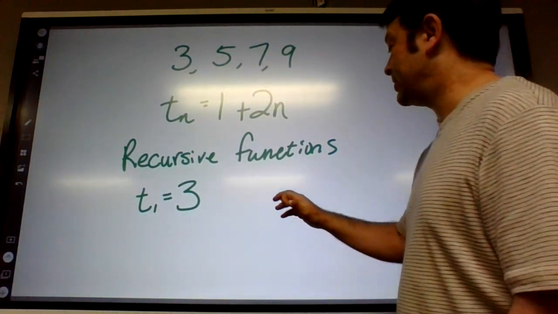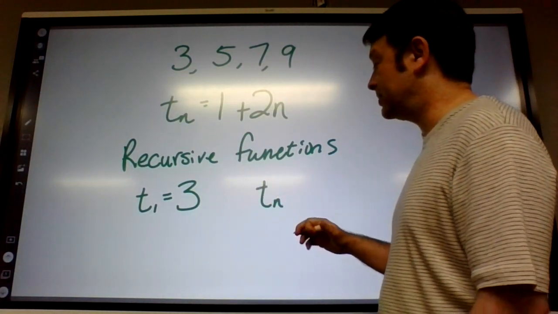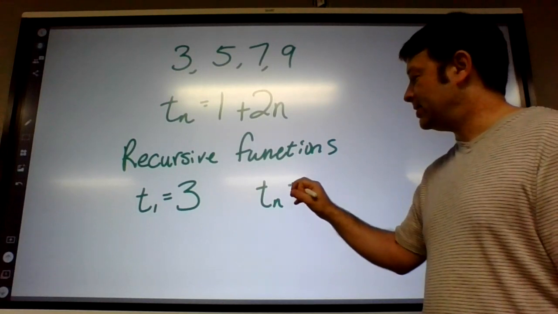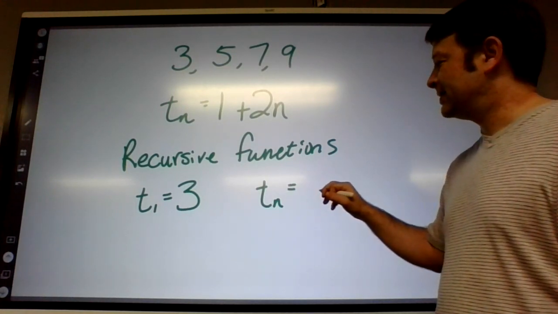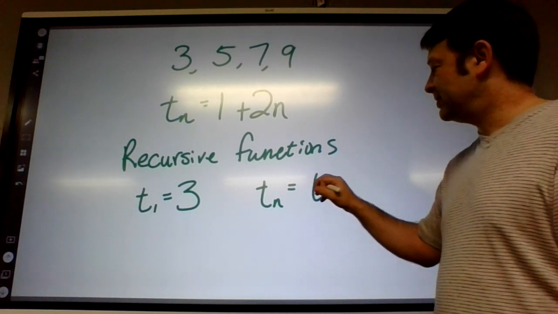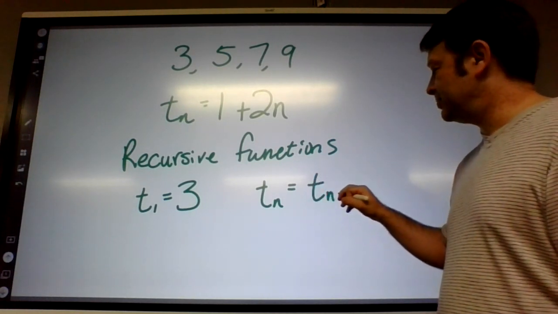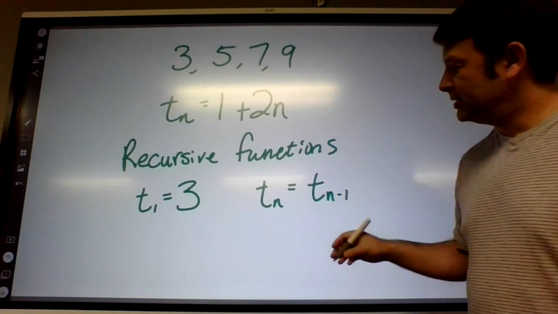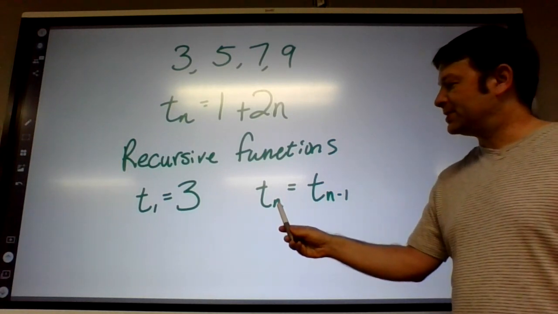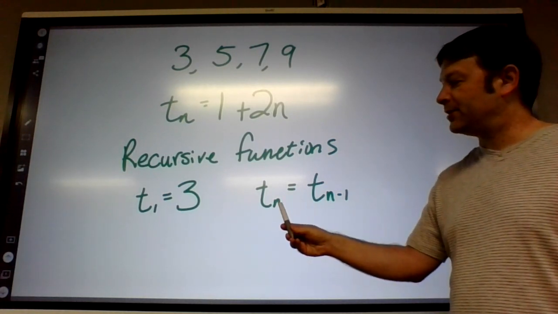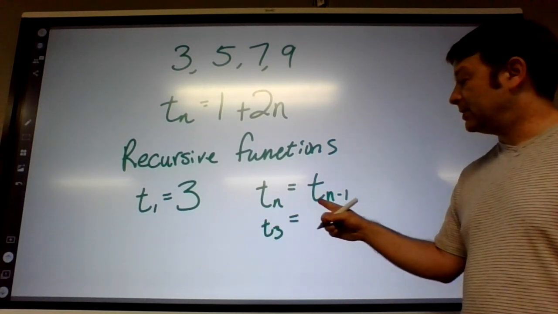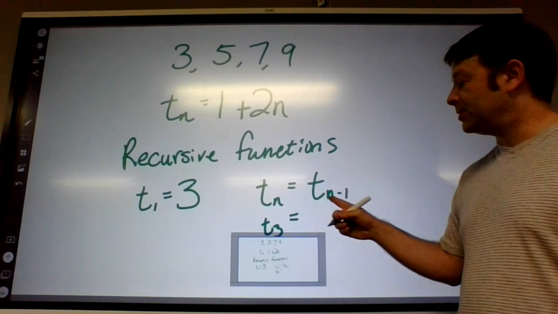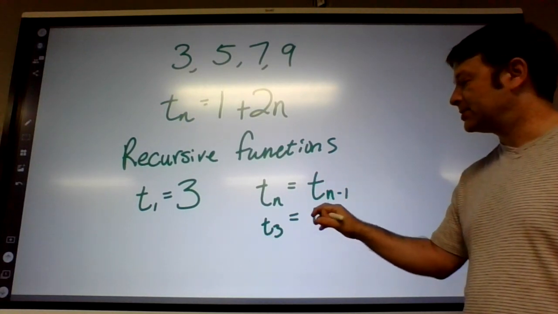You have to start with that, and then you go over to the definition. t sub n equals, okay, what they all have in common is they use the previous term. So if you're trying to figure out the third term, this is t sub 3, then this term right here would be 3 minus 1, so it'd be t sub 2.